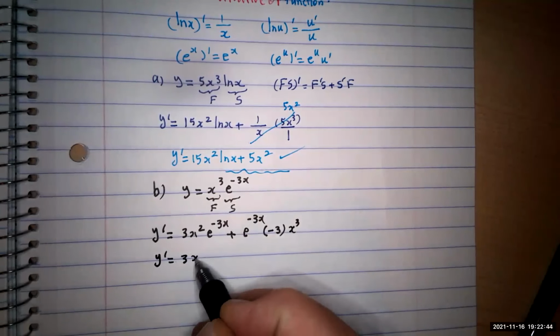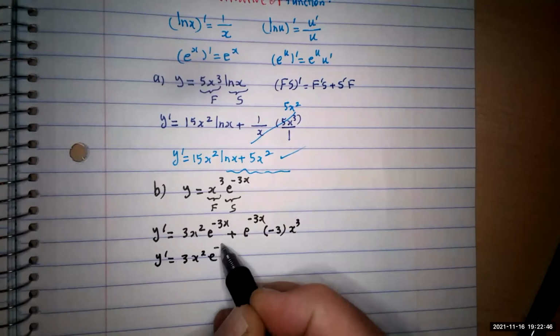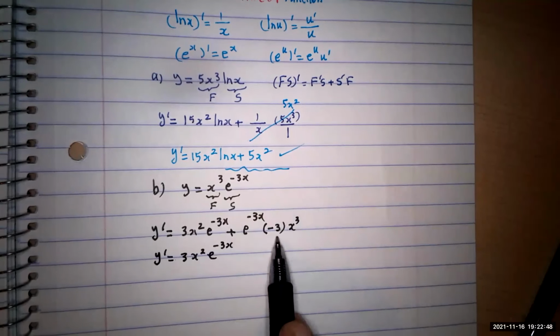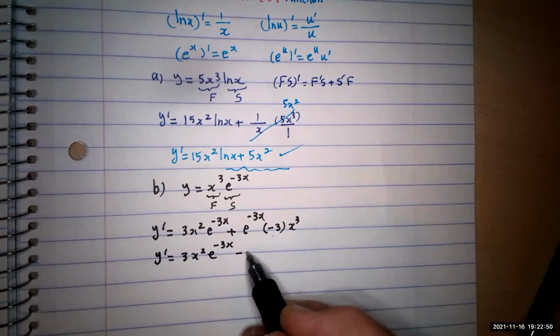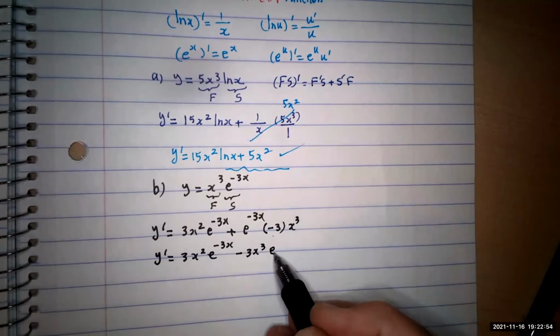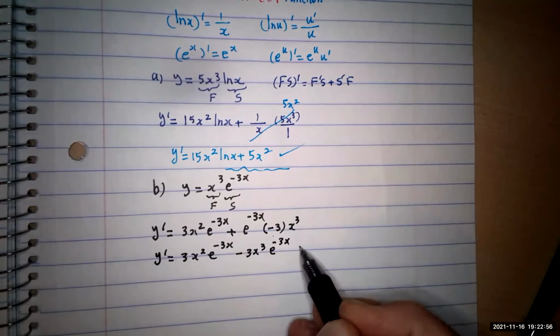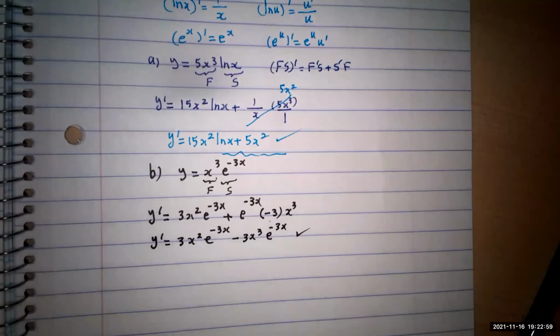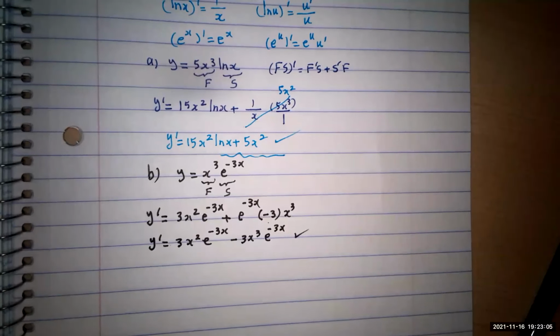So it's going to be 3x squared e to the negative 3x, and over here, it's going to be minus 3x to the third e to the negative 3x, and you're done. You can't do any simplification for this type of problem because there are no like terms, and this would be the end of the problem.